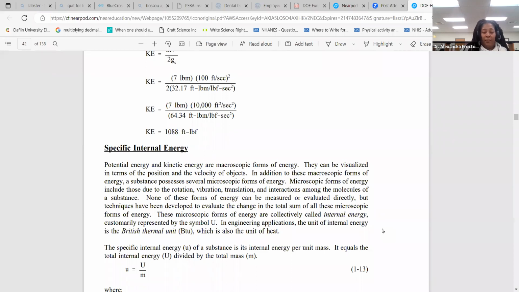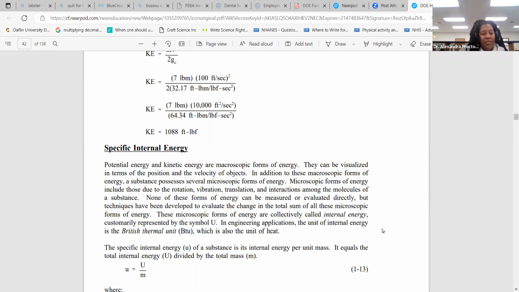You're going to have to make sure you keep these variables straight. So in engineering applications, the unit of internal energy is BTUs, which is also a unit of heat. BTU is a unit for internal energy, and it's a unit for heat.